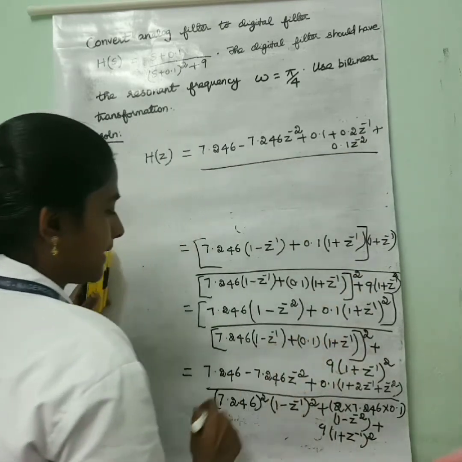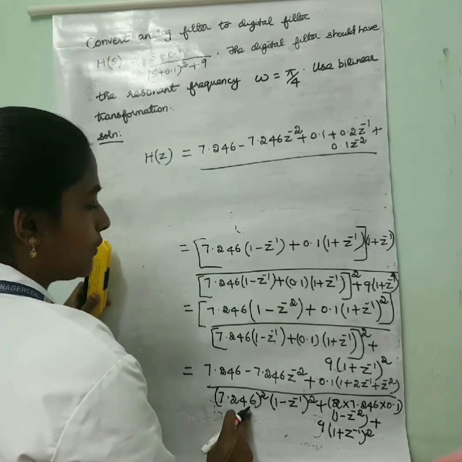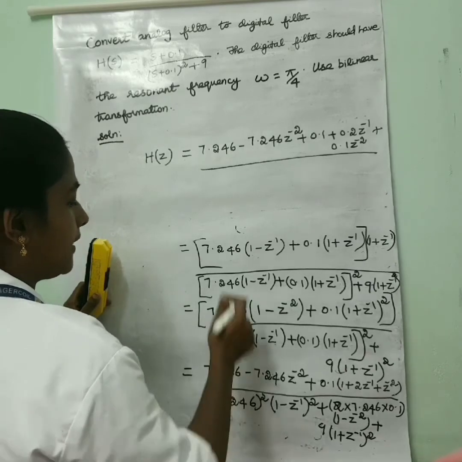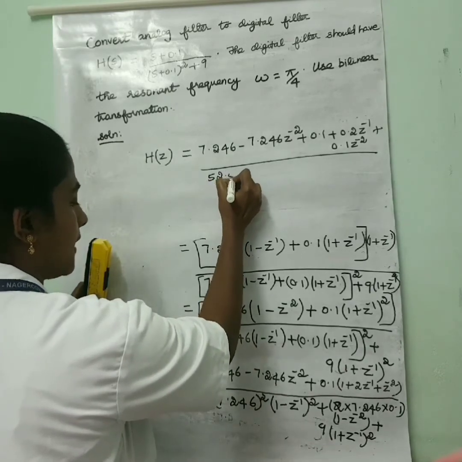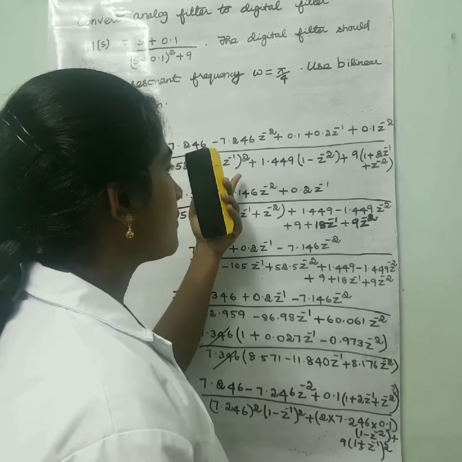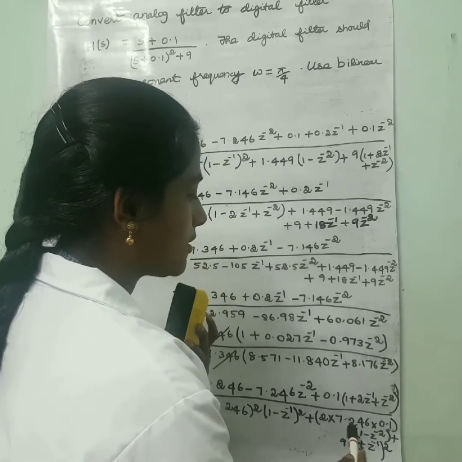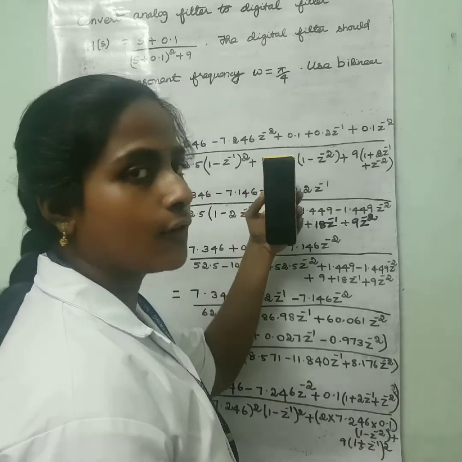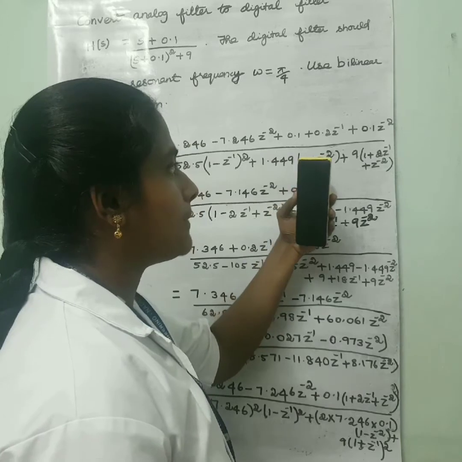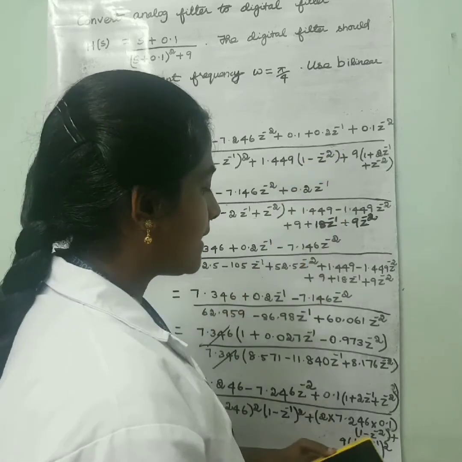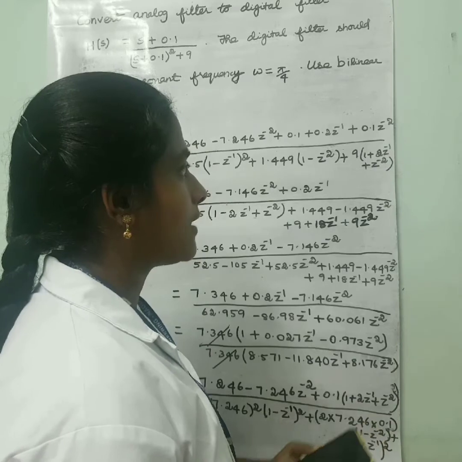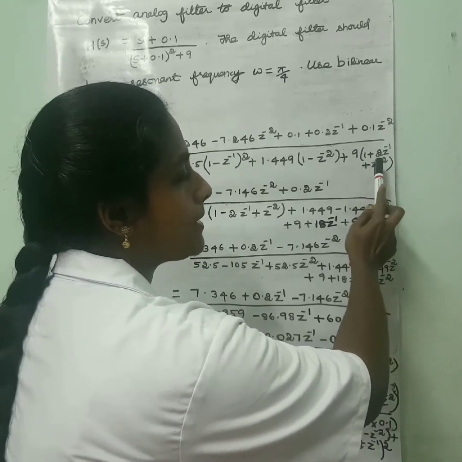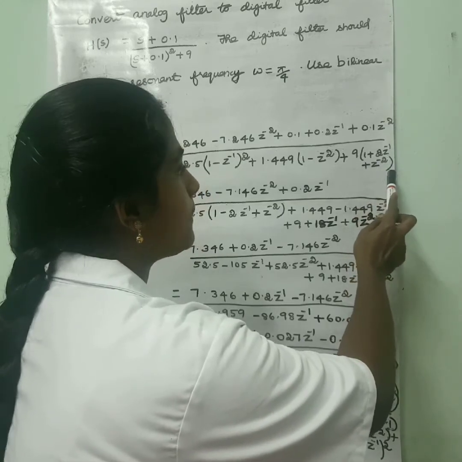Now in the denominator, 7.246 square can be written as 52.5. So 52.5 into 1 minus z power minus 1 the whole square plus 2 into 7.246 into 0.1, which is 1.449, into 1 minus z power minus 2 the whole square, plus 9 into 1 plus z inverse the whole square, which is 1 plus 2 into z inverse plus z power minus 2.